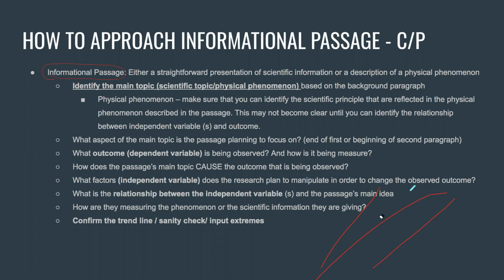For me, the informational passage just gives you a straightforward presentation of scientific information, oftentimes that you already know. That's a key thing. You might already know the information they're giving you in the passage, because again, it's an informational passage. Key thing to remember as we talk through this.